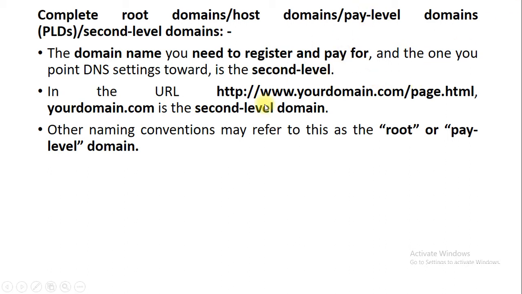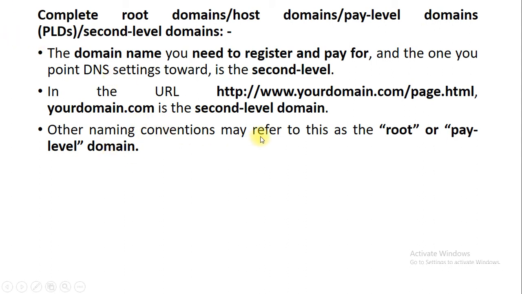In this URL, http://www.yourdomain.com/page.html, yourdomain.com is the second level domain, and for which you need to pay to the search engine. You just need to register your website with the help of the second level domain, and when you register that particular website, with the help of the registered domain name, you are able to access your website.